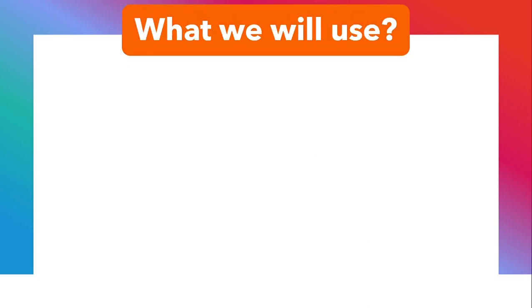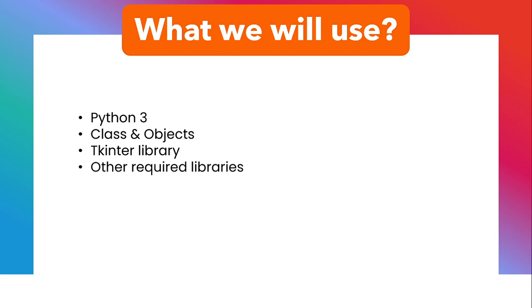And then what we will be using: we will use Python 3 with classes and objects, and obviously the Tkinter library and the other required libraries. If you don't have these Python basics, I will recommend you go through other tutorials on YouTube, or I recommend Code with Harry if you know Hindi.